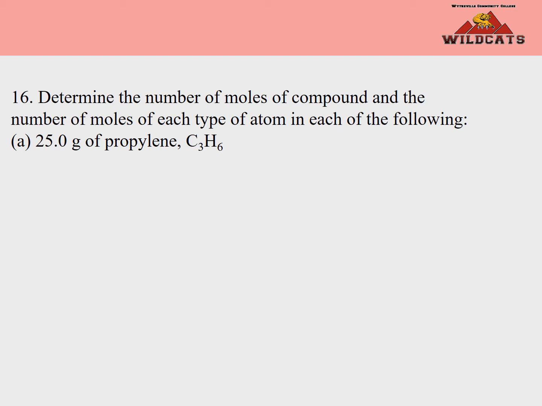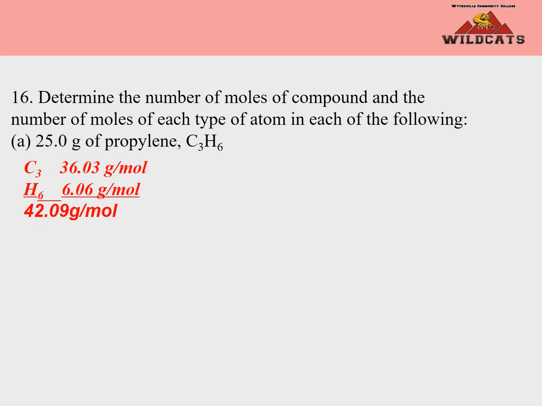In number 16, it says determine the number of moles of compound and the number of moles of each type of atom in each of the following. So we were just taking a look at how to add the molar masses together. Carbon's 12.01 times 3, 36.03, plus 6 hydrogens, and we end up with 42.09 grams per mole.